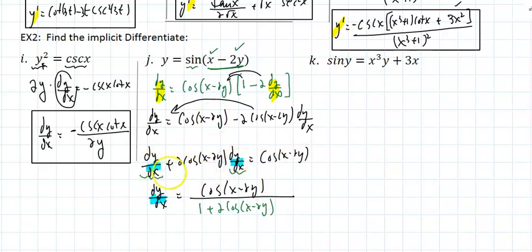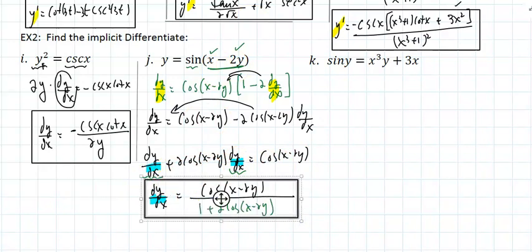And that would be my answer. So implicit always takes a bit more work because you have a few more steps to fill in. It's never as simple as traditional, straightforward differentiation.